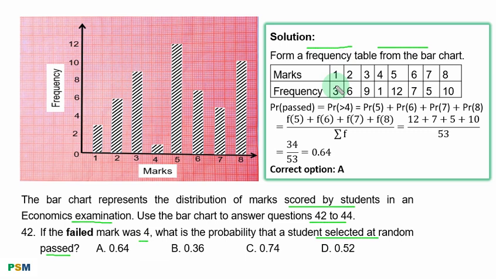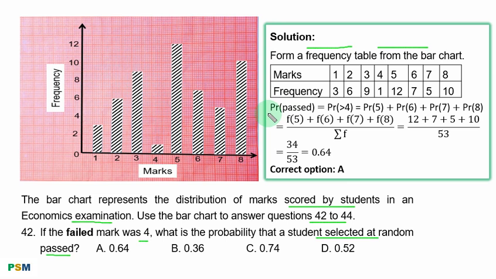Then frequency: students that scored 1 mark, they are 3 in number. You trace 1 to where the bar ends on the frequency axis. For mark 2, they are 6. Mark 3, you have 9. Mark 4 is 1, and so on.